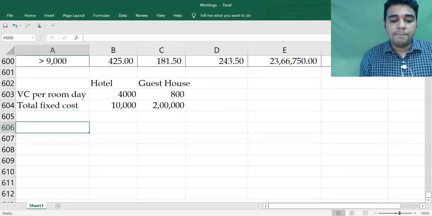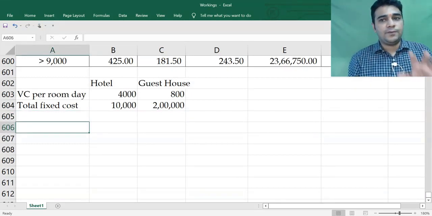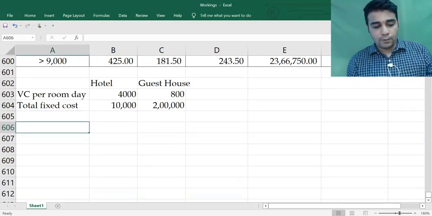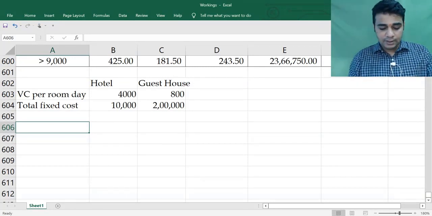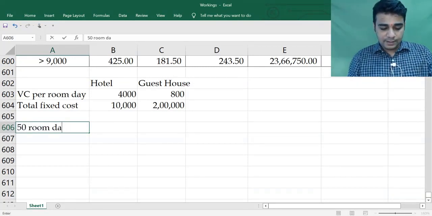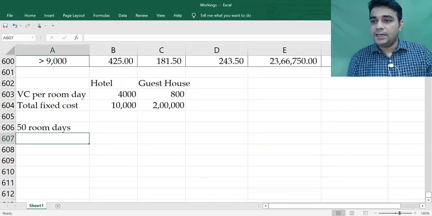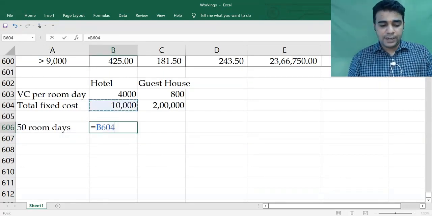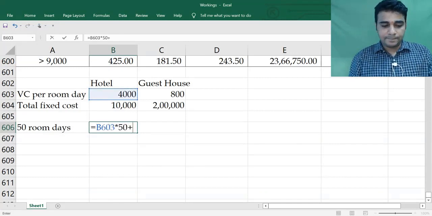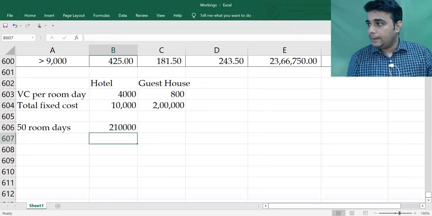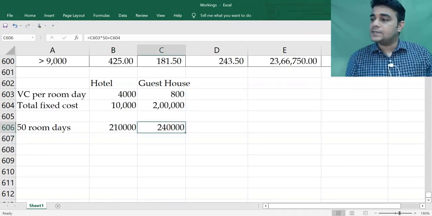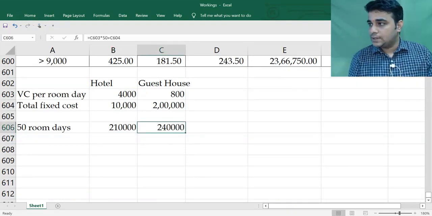Let's assume my requirement is for 1 month, this is a monthly calculation, 50 room days. If it's 50 room days, the cost is 10,000 into 50 plus 10,000 for the hotel, and on this side, the cost is 2 lakh 40.